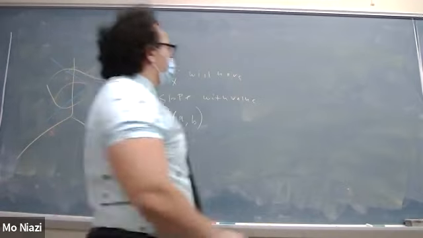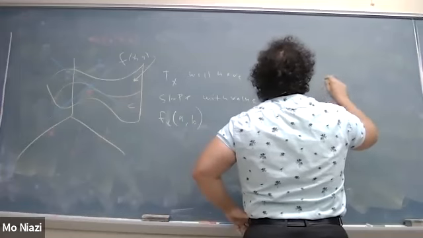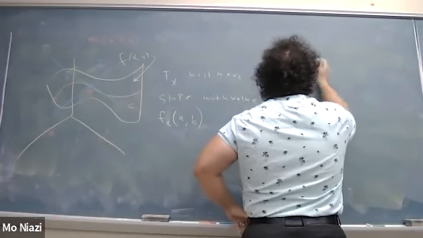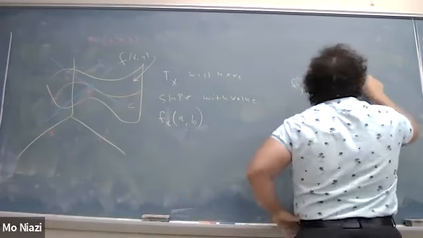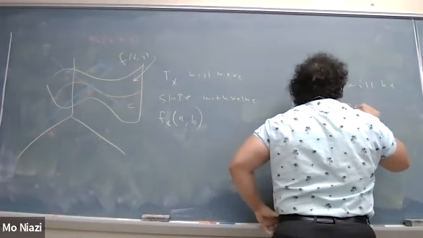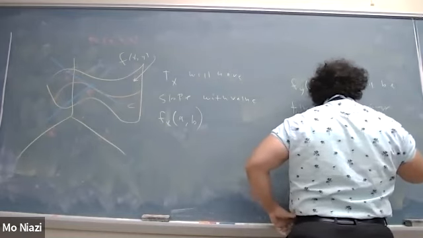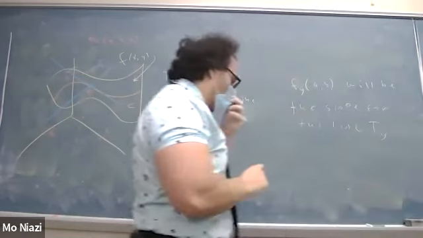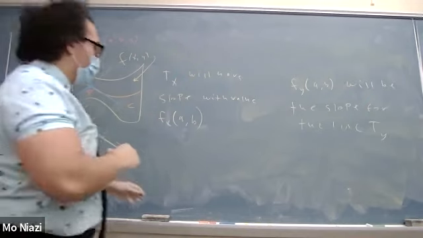And t sub y will do the same thing, it will give you a slope. Okay? That is the interpretation for partial derivatives. It just extends the derivative idea to two dimensions.